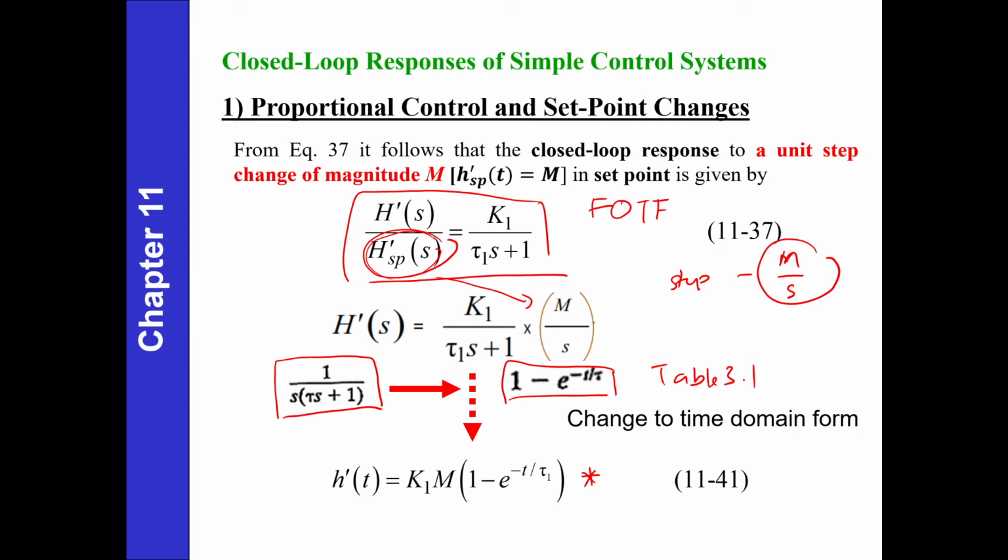Last time during secondary school, we learned linear equations, we learned quadratic equations, and here we have an exponential equation. From this equation, we can plot a graph by substituting the value of t.